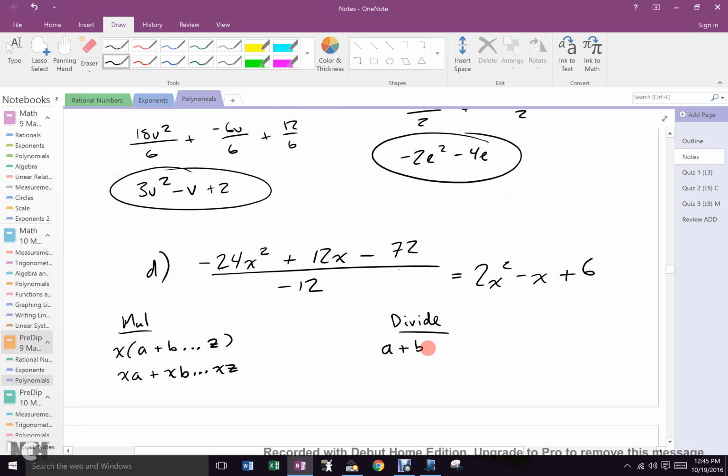A plus B dot, dot, dot, Z over X is A over X plus B over X dot, dot, dot, Z over X. Because the rules are all the same. That would be 1, wouldn't it? That would be X squared, wouldn't it? Everybody good?